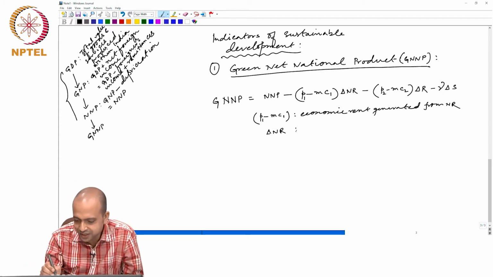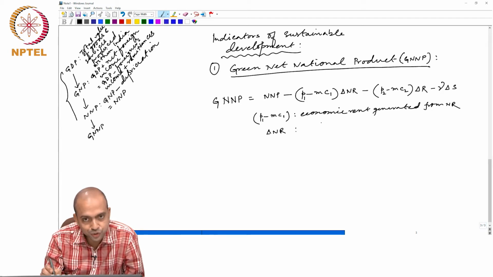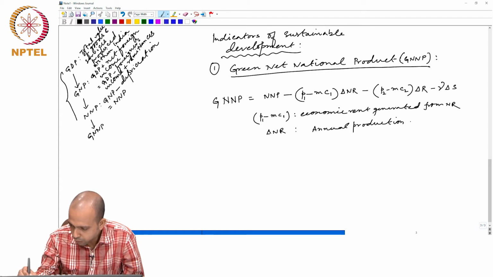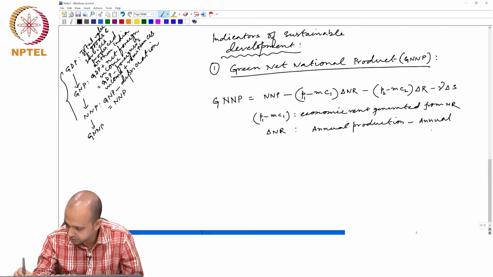And how do you measure the change of non-renewable resource? It is annual production minus annual discoveries.